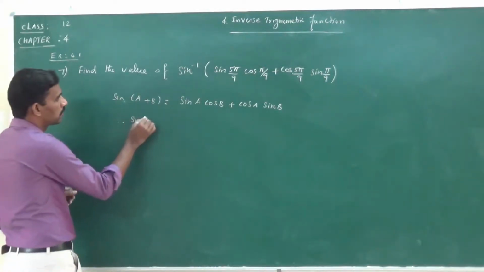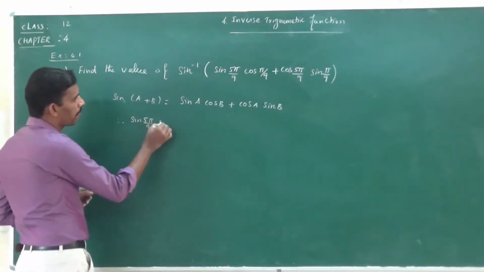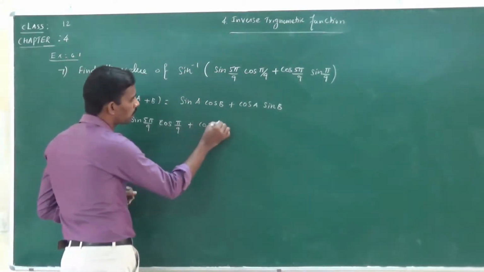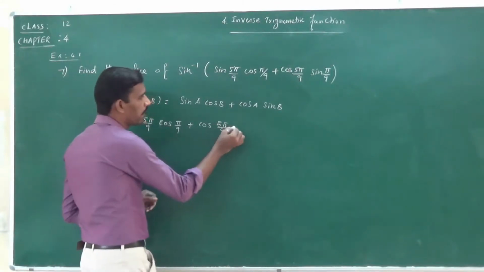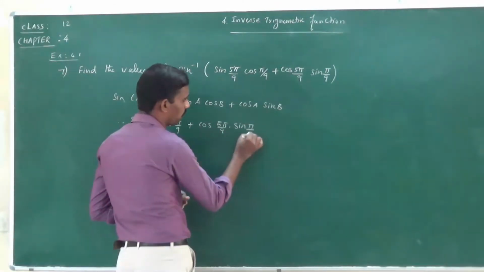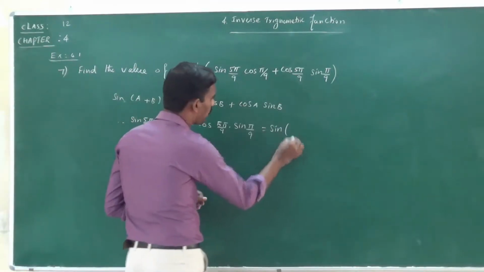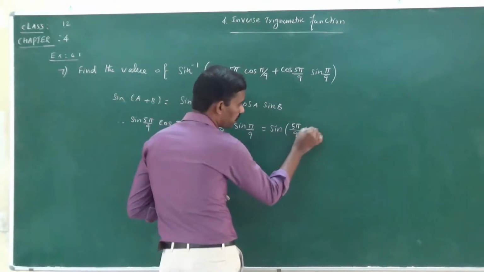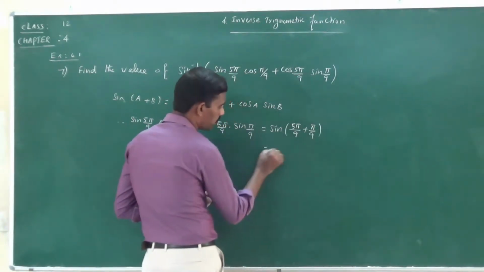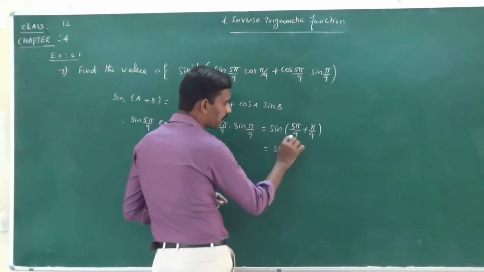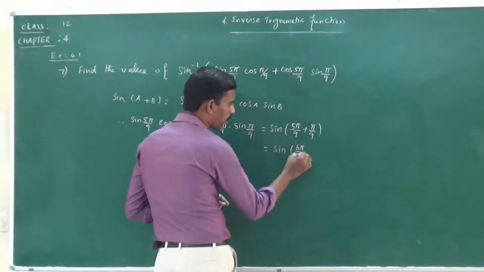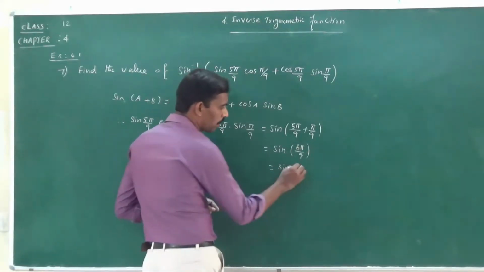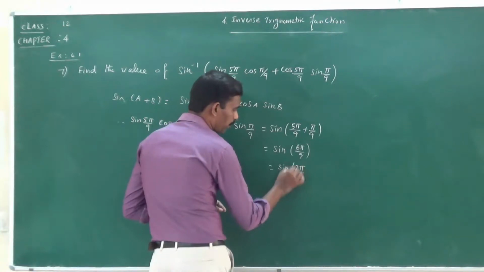Therefore, sine 5 pi by 9 into cos 5 pi by 9 plus cos 5 pi by 9 into sine 5 pi by 9 is equal to sine of 5 pi by 9 plus 5 pi by 9, which is equal to sine of, the denominator is the same, add the numerators, 6 pi divided by 9. Cancelling by 3, we get 2 pi by 3.